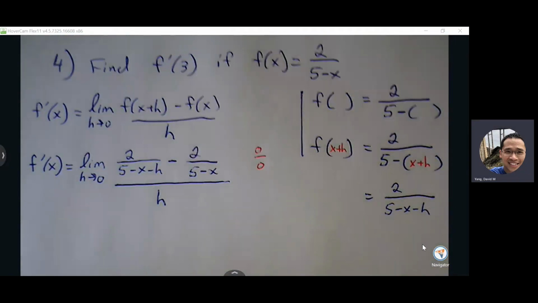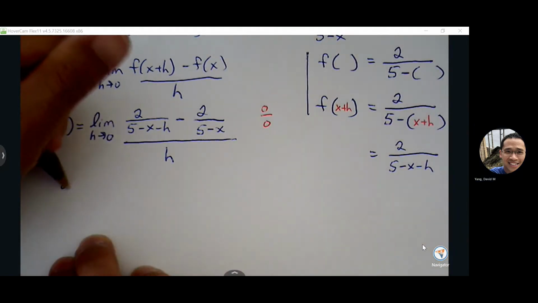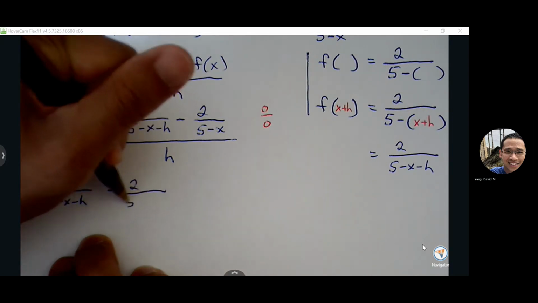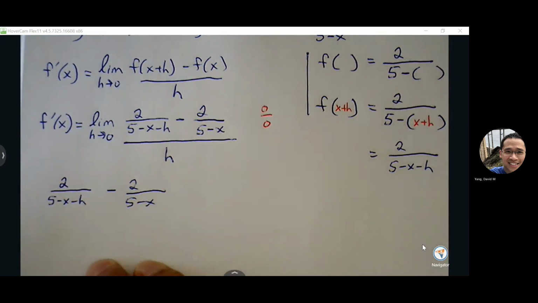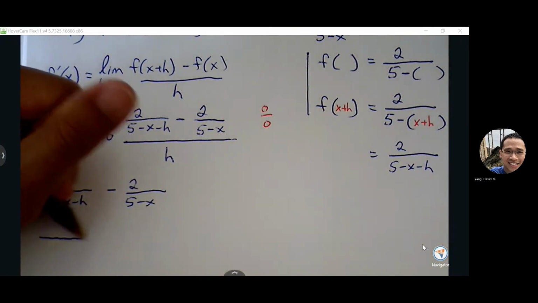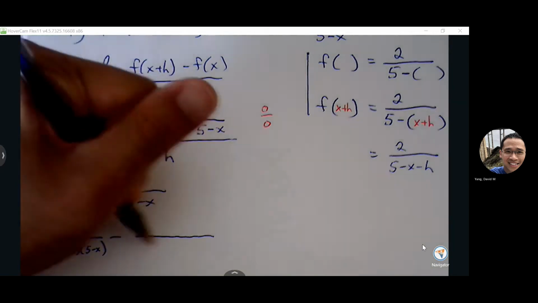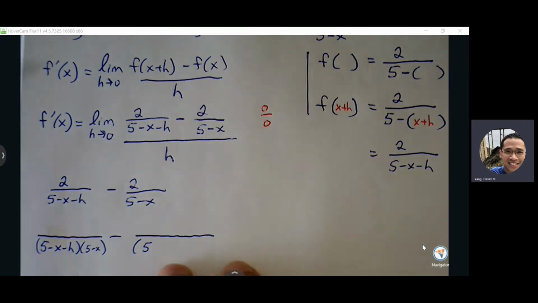So I'm going to spend the time to get that common denominator between these two fractions. Guys, if you get to number 5 before I do, we're going to do the alternate definition.